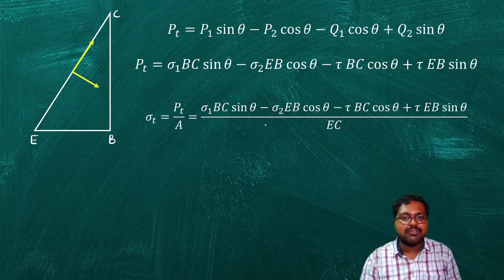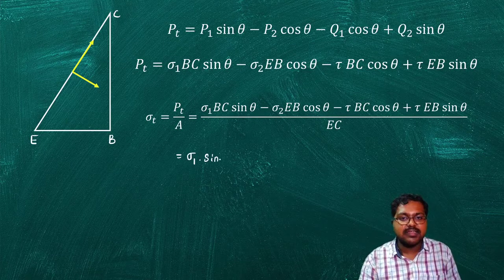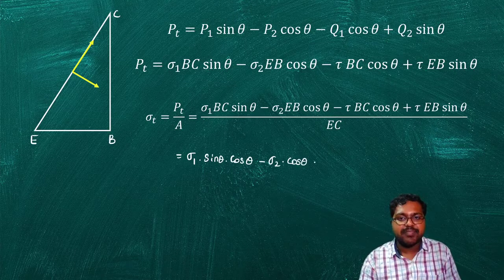So from this, if we simplify it again, we will get values like sigma 1 into sin theta into BC by EC. BC by EC is the adjacent side to hypotenuse, that is equal to cos theta minus sigma 2 into cos theta into EB by EC.